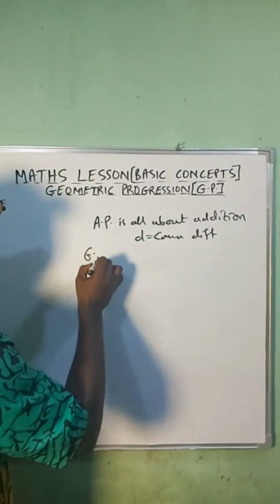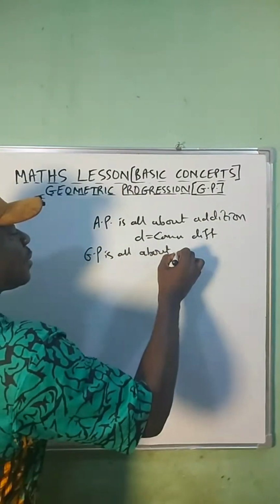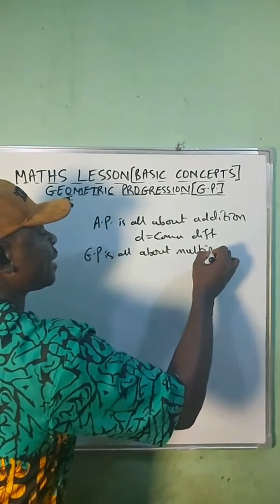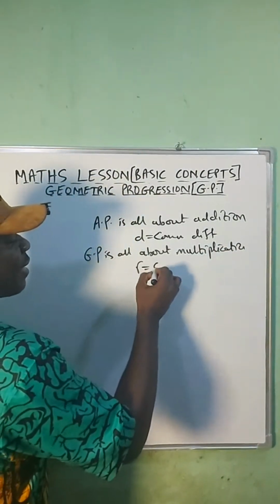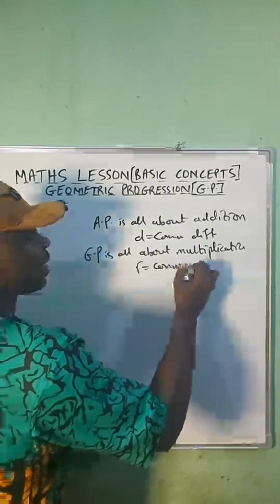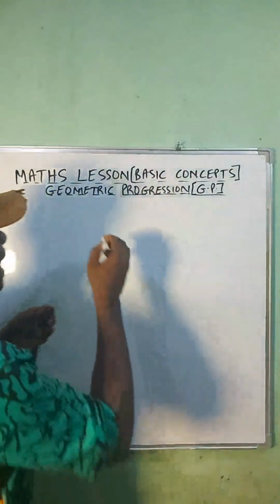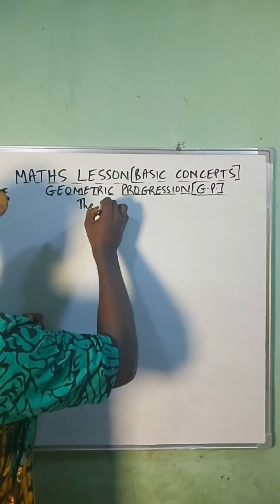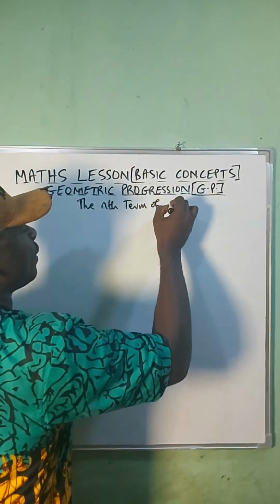But GP is all about multiplication, so that's why we use our common ratio r. So I think the first thing here is the nth term of a GP.